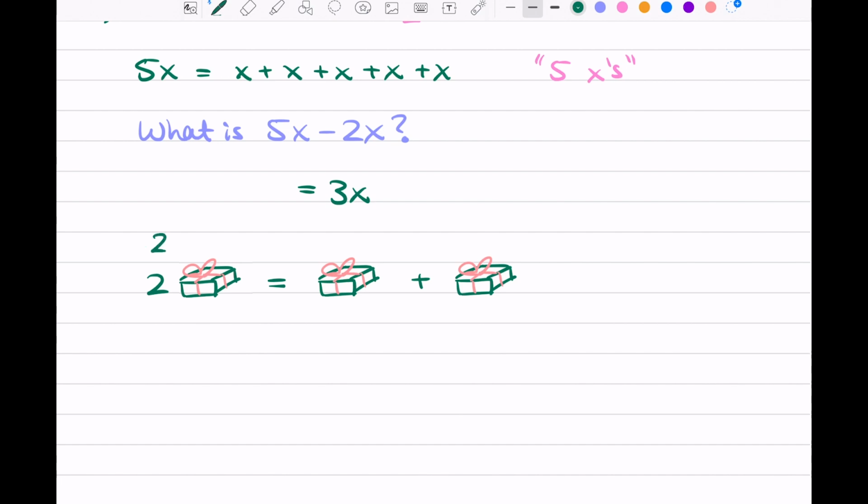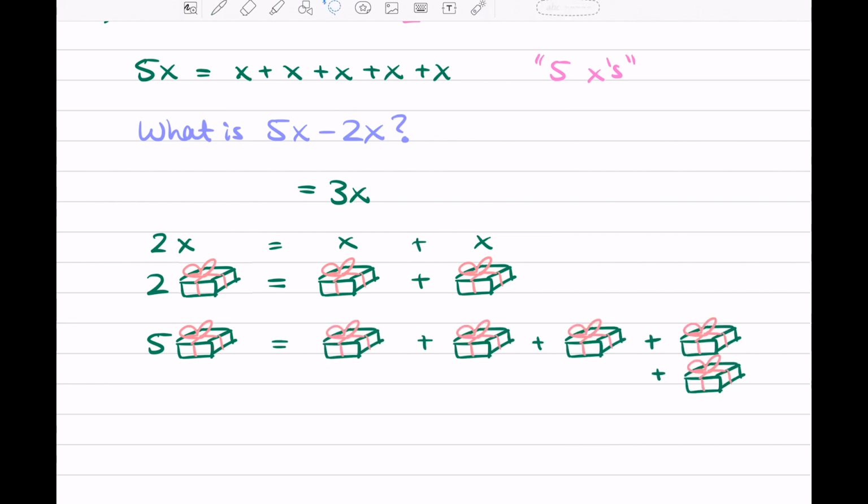So this is just the same as 2x equals x plus x. And in the same way, we could say that 5 times present, times that variable, is equal to... I just took x, we just said it's a number in disguise, and I gave it a different disguise.